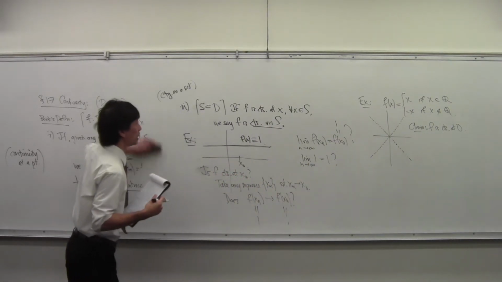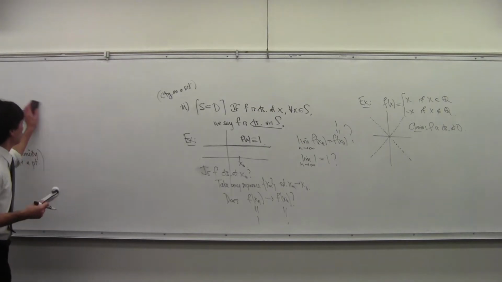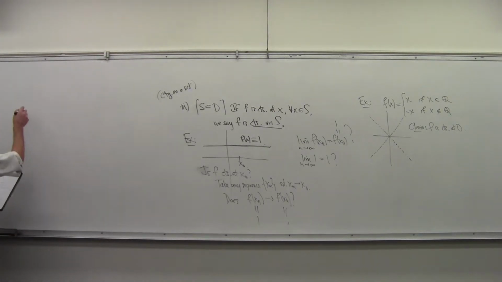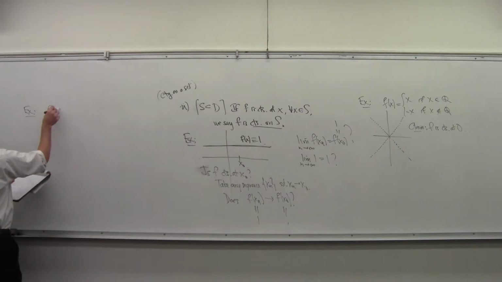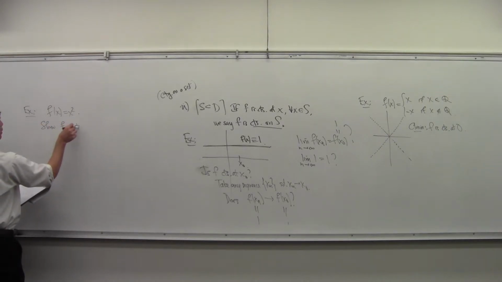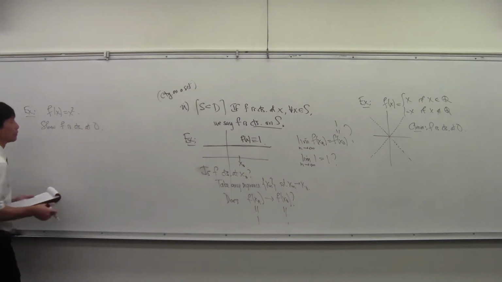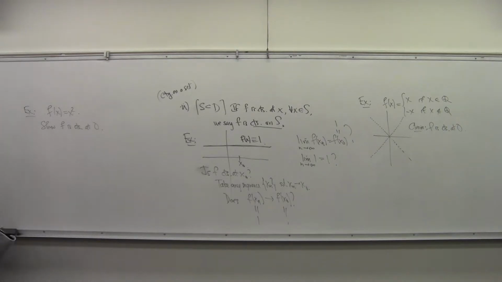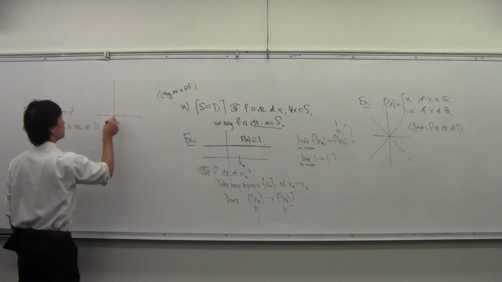Actually, let me do an easier one before we do that one. So f of x is x squared. And let's show that f is continuous at 0. Let's do that first.